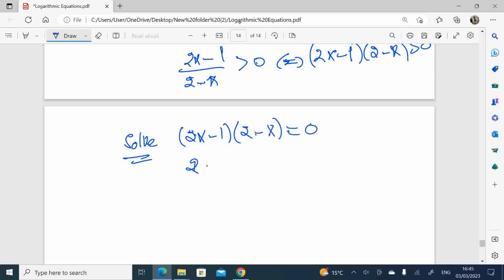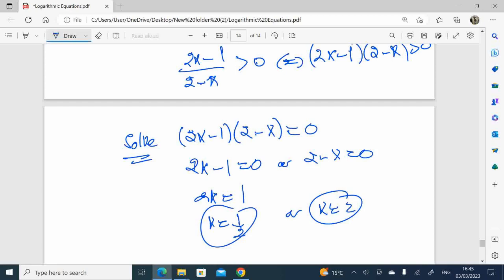It means 2x−1 equals 0, or 2−x equals 0. So we get 2x equals 1. It means x equals 1/2, or x equals 2.